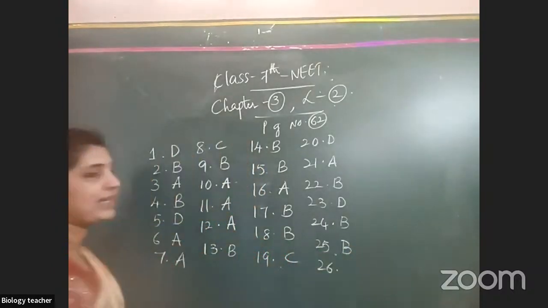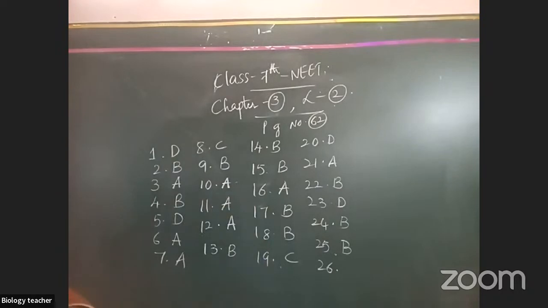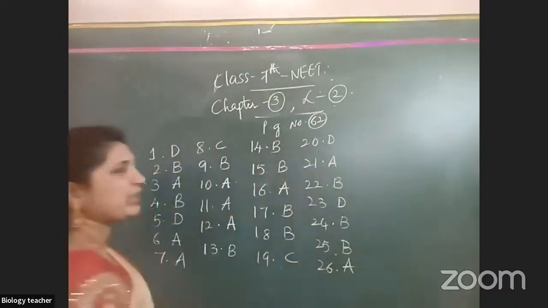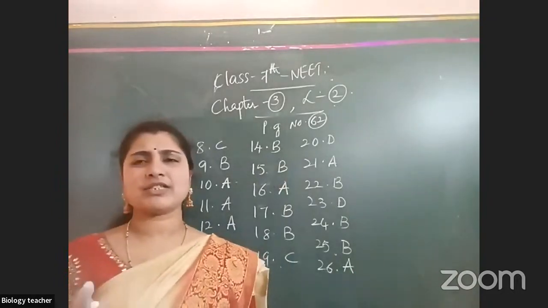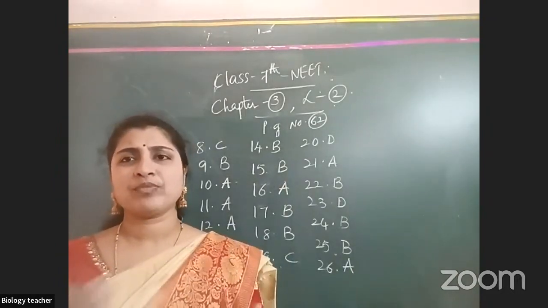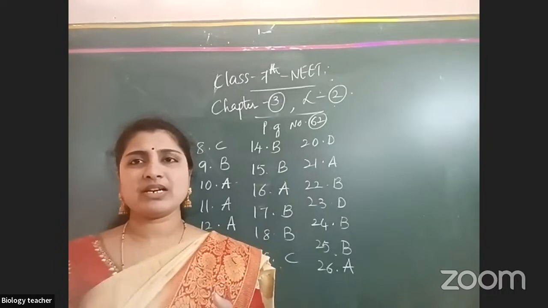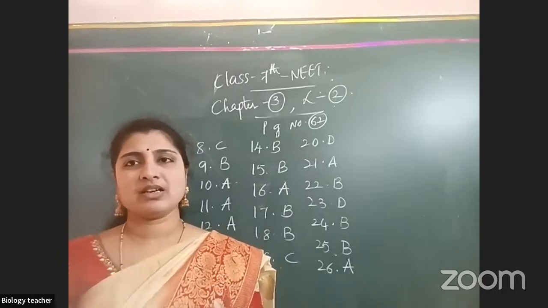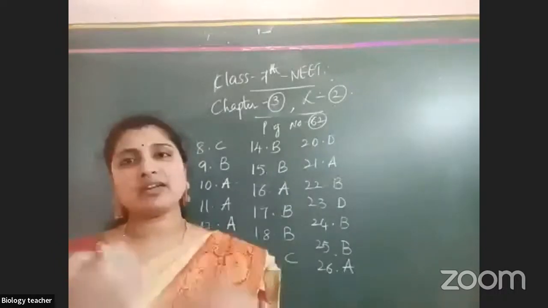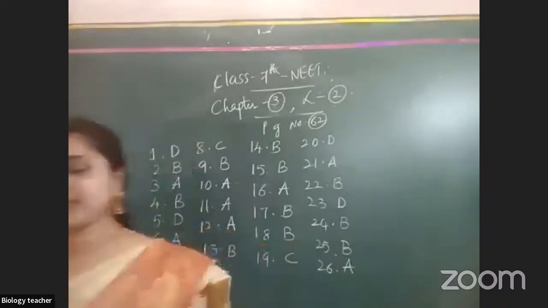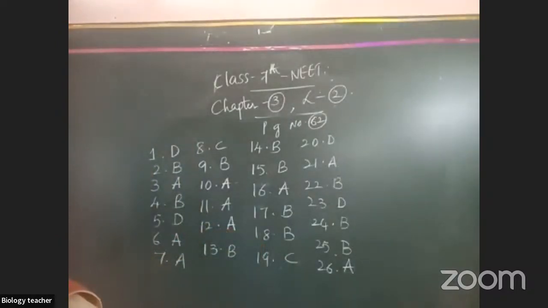Next, 26. The air tubes in an insect are useful for the exchange of gases. Breathing means what? Exchange of gases. Oxygen taking, carbon dioxide giving. So exchanging. When they are going inside, carbon dioxide given, oxygen taken. So exchange of gases. 27.